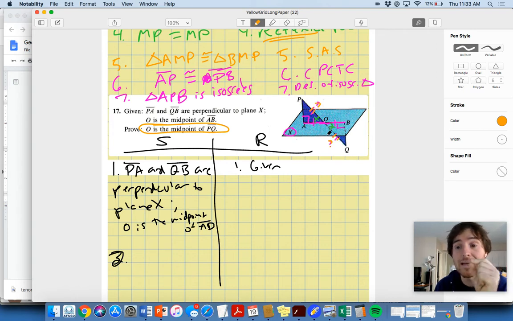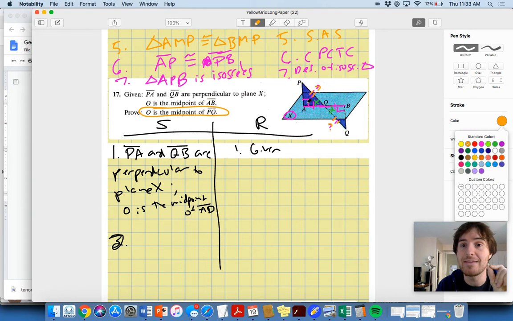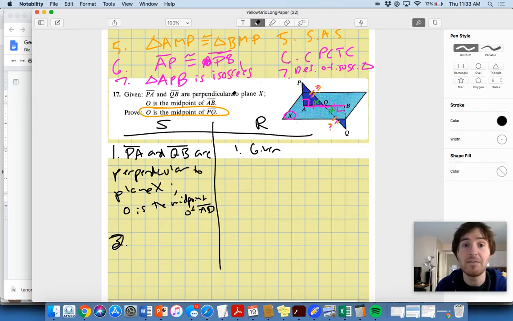I just need to figure out what I need to say now, how I can start with my givens and then move towards ASA. The first thing I can do to move towards ASA is that I want to get these angles congruent to one another, angle A and angle B. And the way I'm going to do that is, well, we're given that we have lines perpendicular to a plane.